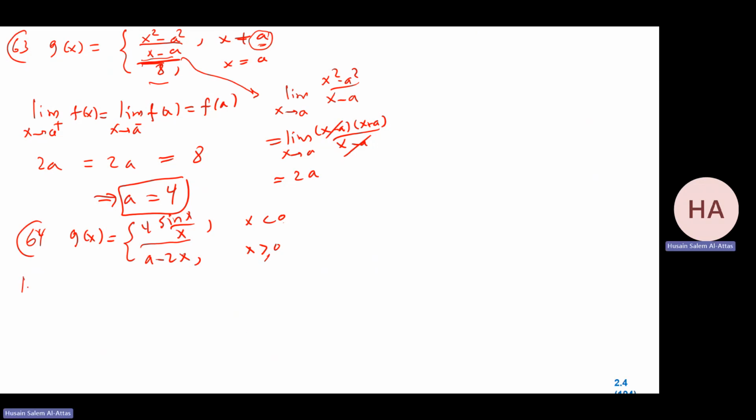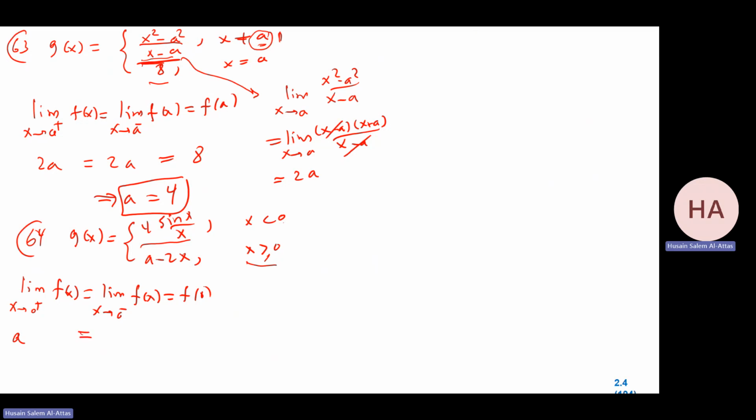So I want the limit as x goes to 0 from right equal the limit as x goes to 0 from left equal f at 0. This will be different than this one. This one I have right and left the same, since I have x not equal to a. Here, left and right will be different. Right, I am here, so that will be a minus 0, which is a.